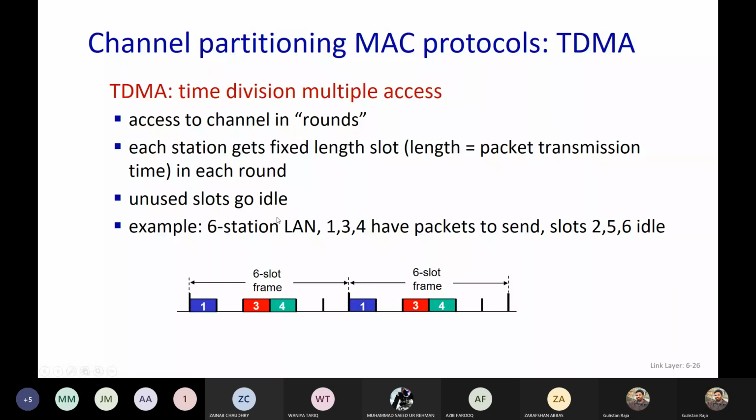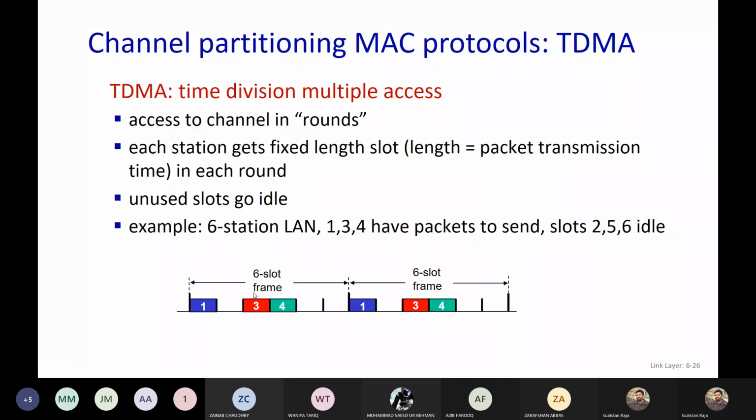Now look at this first scenario. Here station 1 is given a slot and it has something to send, represented by the blue color packet. So this is being sent by station 1 in its own slot. The next slot is reserved for station 2. Station 2 has nothing to send, so that slot remains idle, vacant.